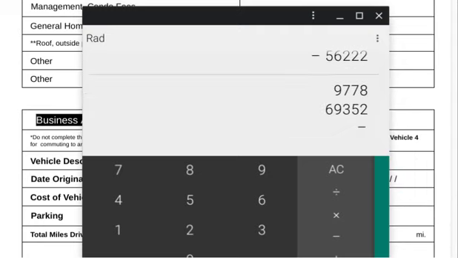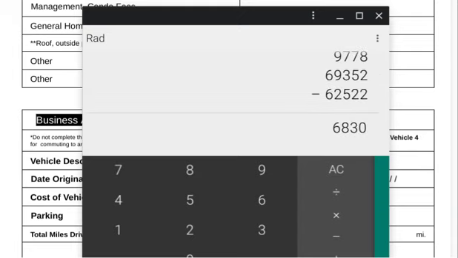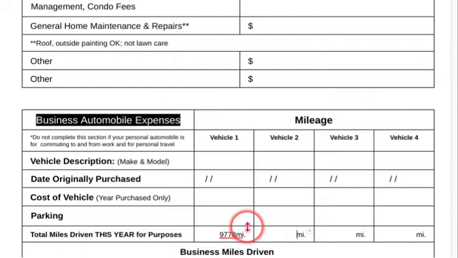Minus the beginning of the year balance, which was 62,522, which means that this vehicle only drove 6,830 miles this year. So we're gonna put 6,830 for this year, and then you're gonna do it for each one. So that way you will have a total amount of mileage, parking fees, or whatnot, and everything for each vehicle.